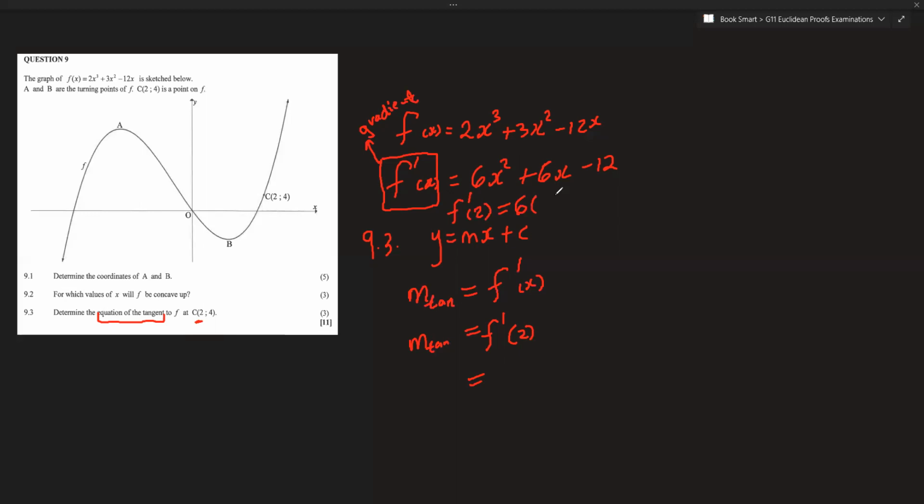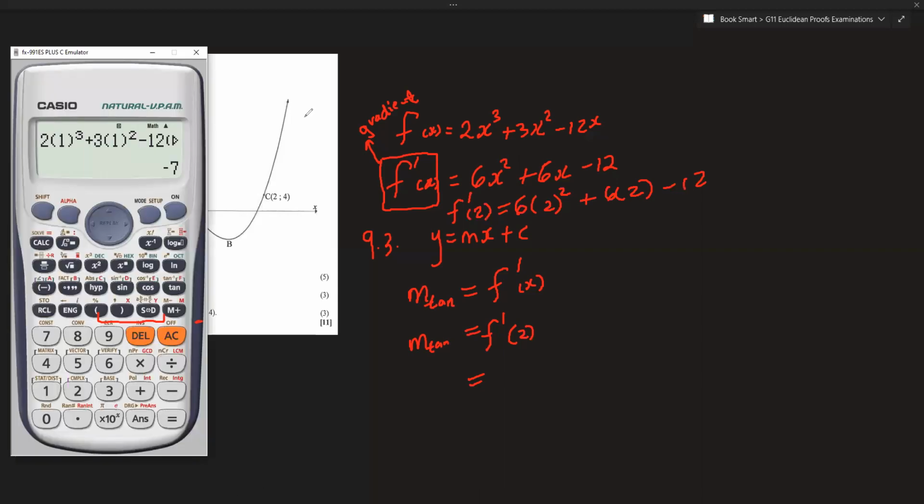Remember I said when you substitute, you rewrite everything, but you open the brackets where the x is, and then you put in the value that you have there. So it's 2 and 2, right? So now we're going to find f prime at 2. Let's see what f prime at 2 gives us. We're just going to punch that in a calculator.